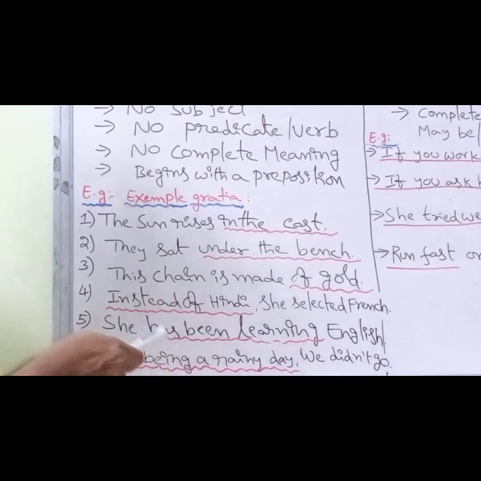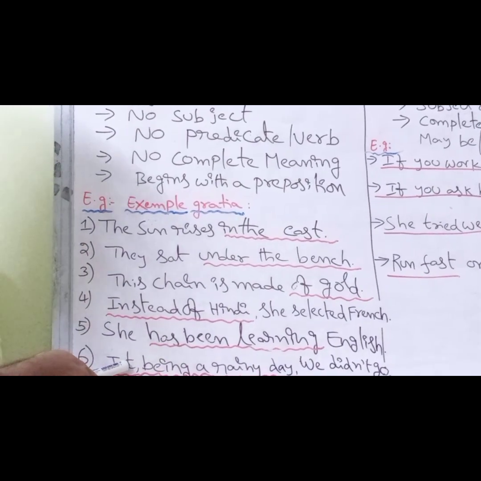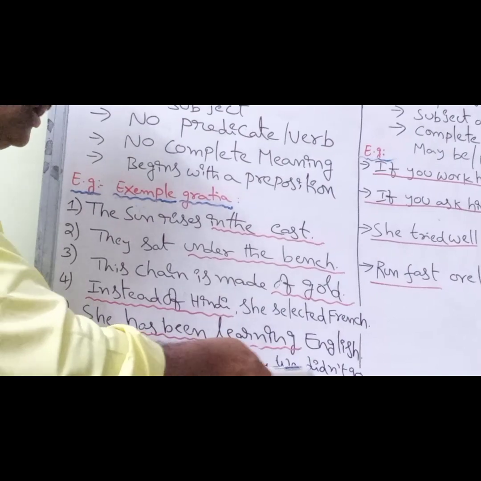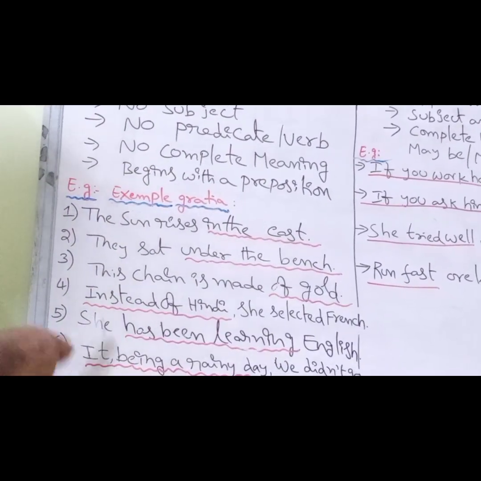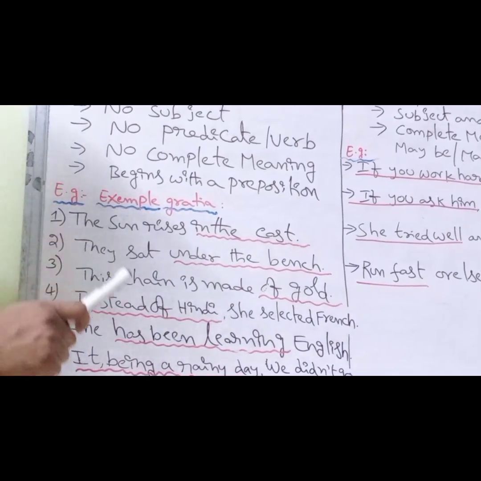You might be thinking that in this part, it is the subject. No. Here, the main part of the sentence is we didn't go. Here, the subject is we, not it. And once again, let us come back to the definition of the phrase.